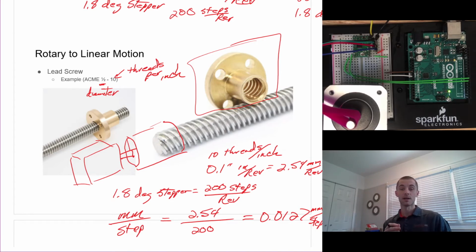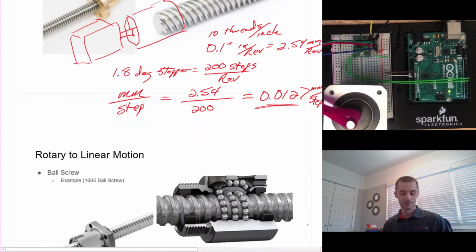And then translated into linear movement, this is a very small step increment. And if you can do that accurately, you can start doing 3D printing or laser engraving or a lot of different things very accurately.